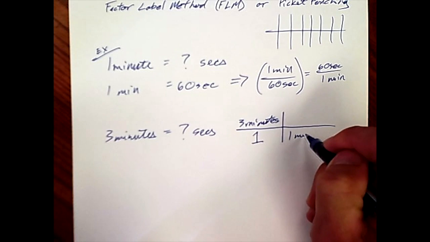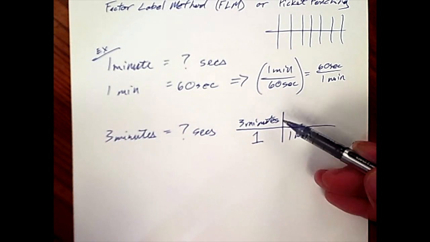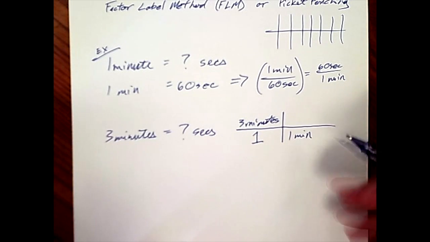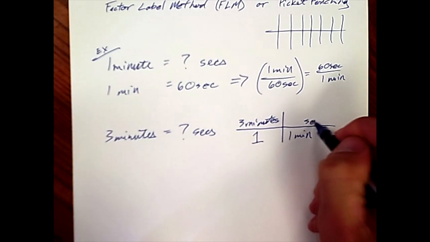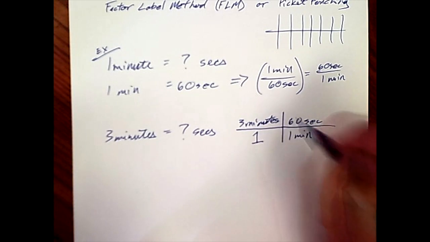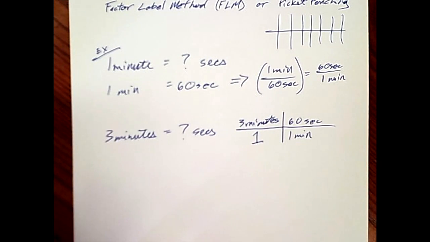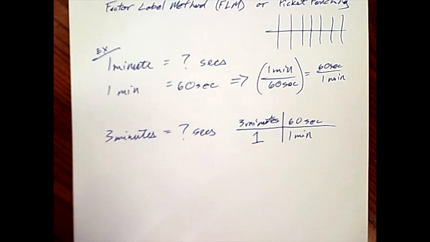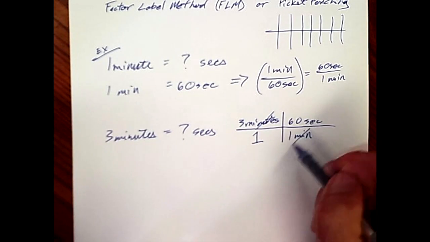So I put 1 minute on the bottom because I'm multiplying by minutes and then dividing by minutes. Those will cancel out, and I'll be left with seconds on top. Then I just add in the conversion factor, which is 60 seconds in this case. I double check that as I multiply these fractions across, the minutes cancel with the minutes, and seconds remain.